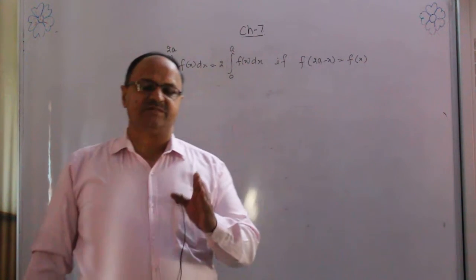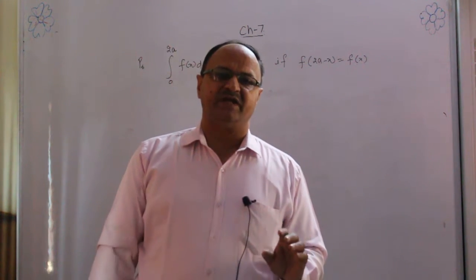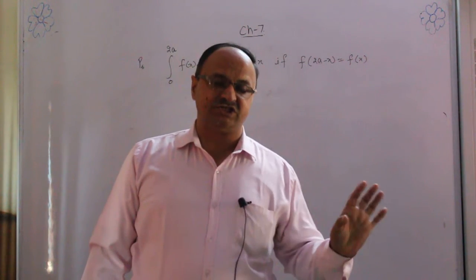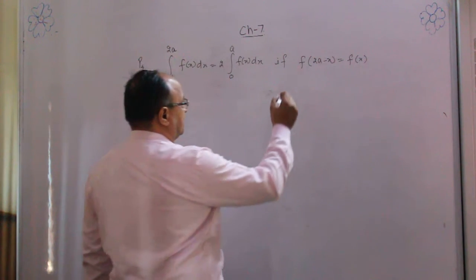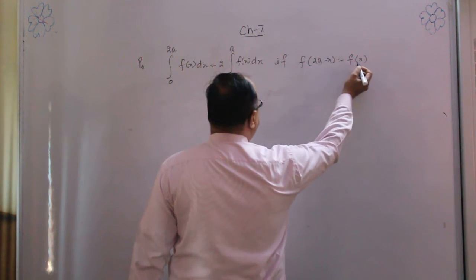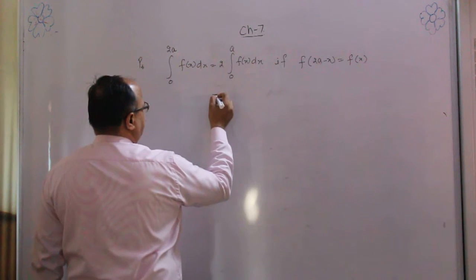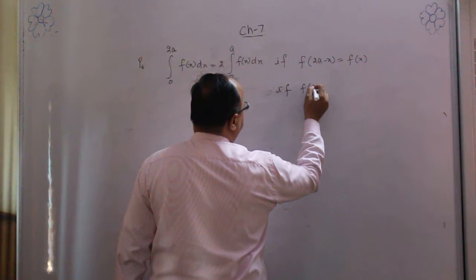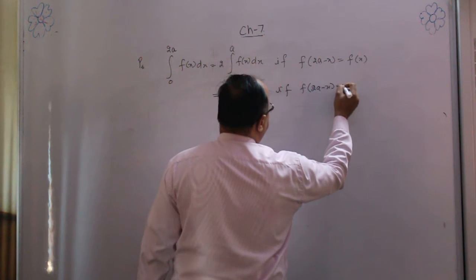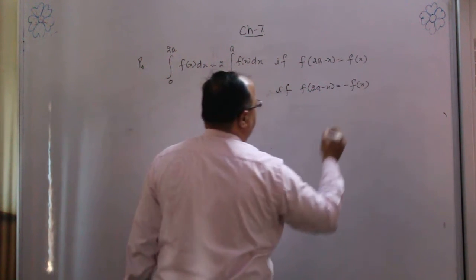Properties P6 and P7 both are conditional properties. Firstly you have to satisfy the condition. According to the condition you can change the question. If f of 2a minus x is equal to f of x, then you can write this, and the result is 0 if f of 2a minus x is equal to minus f of x.